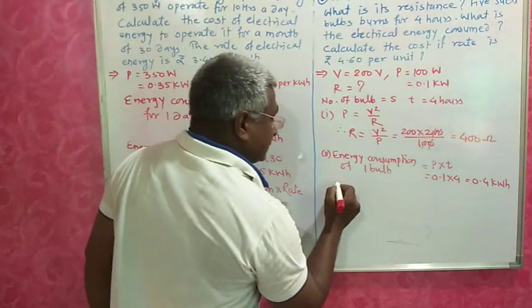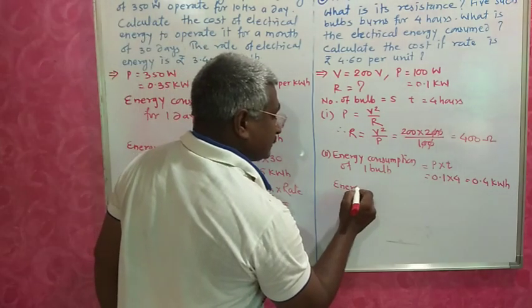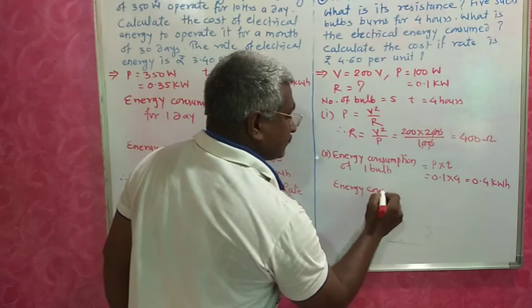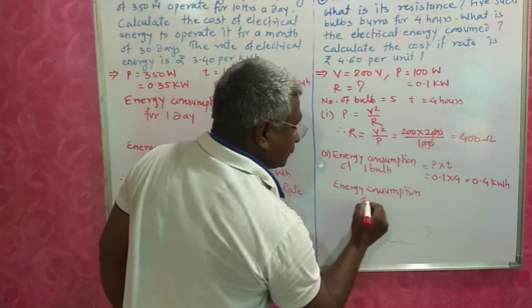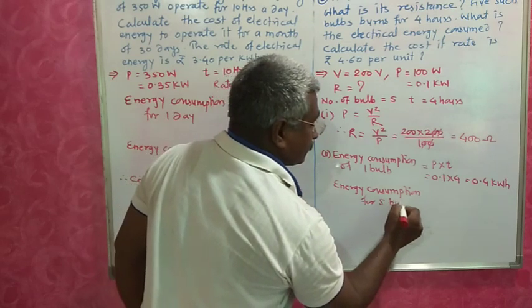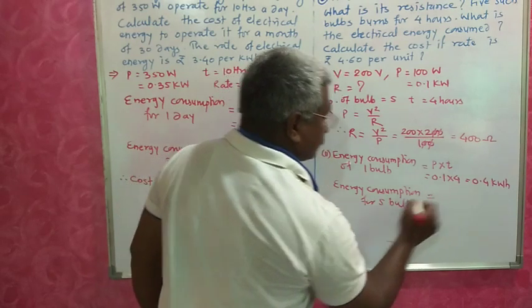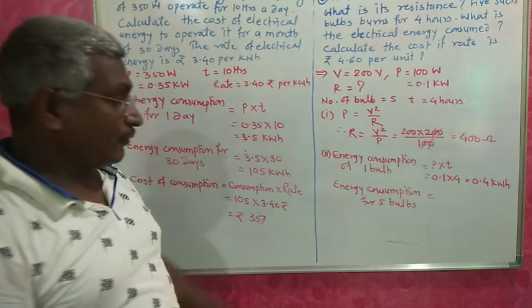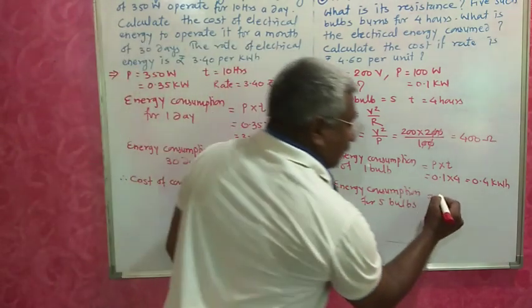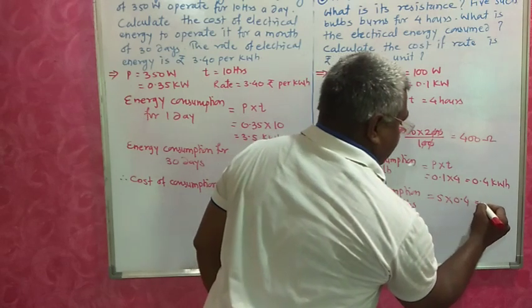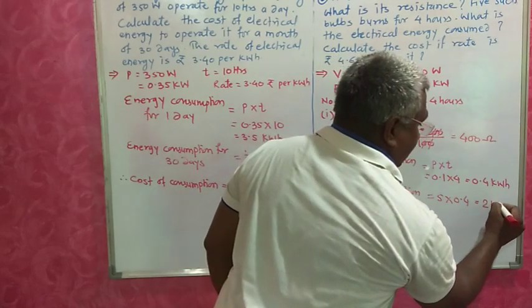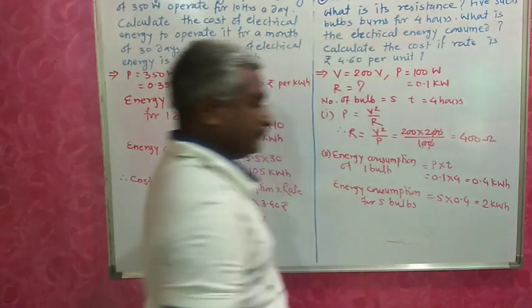Now energy consumption for 5 bulbs. So what will we get? 5 into 0.4 means how much? 2 kilowatt hour.